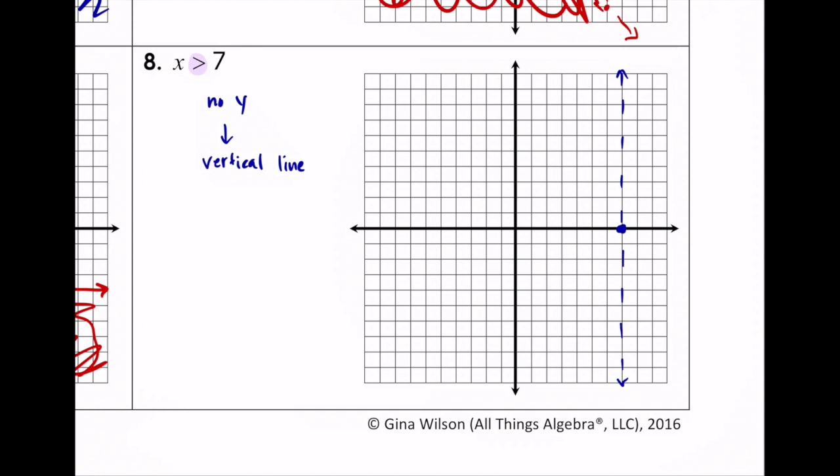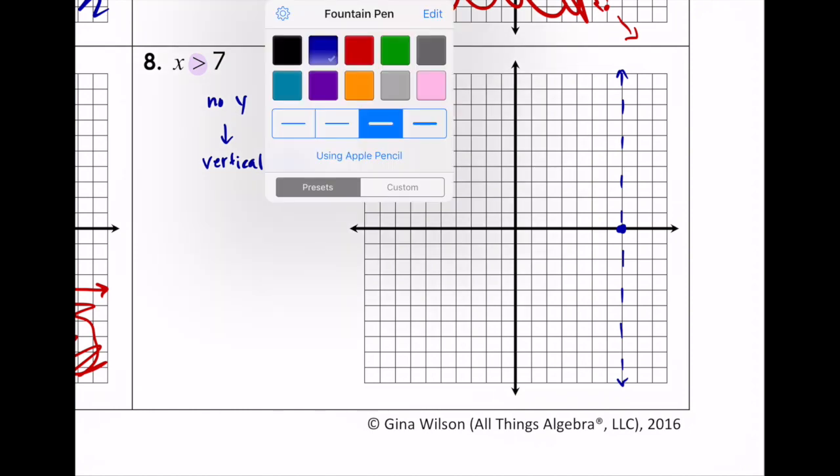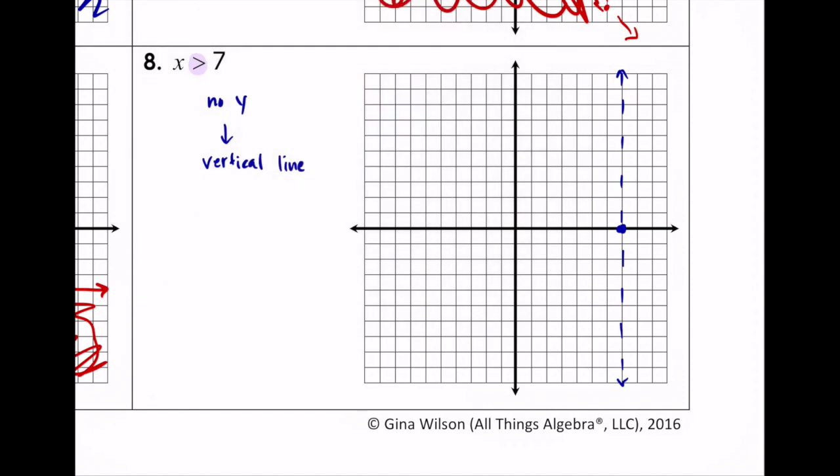So that symbol tells me we need to shade above, but what exactly is above this line? Because it's a vertical line, it's kind of hard to tell. That's when we can use our test point. So I always like to use 0, 0 as a test point, just because zeros are easy to work with. So in this case, x is 0.